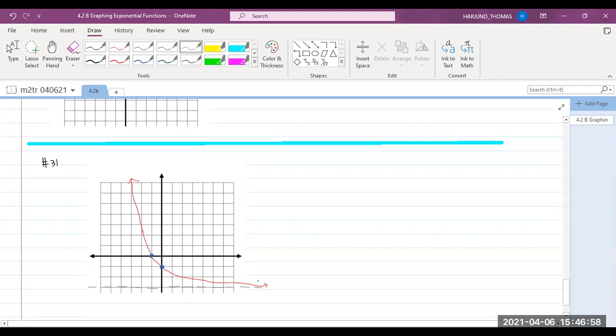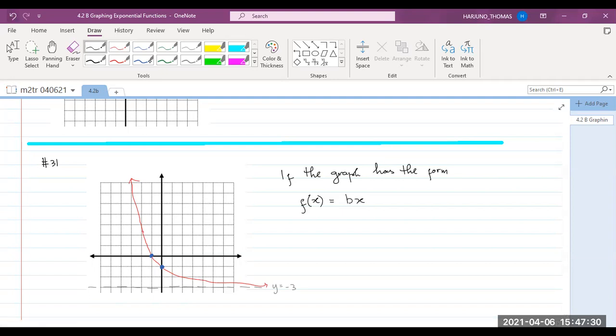That's y equals -3. And they also tell us that this graph has the form f(x) equals b times a to the x plus c.